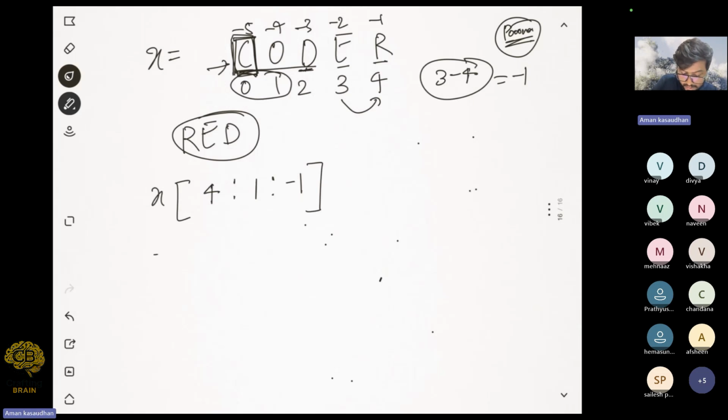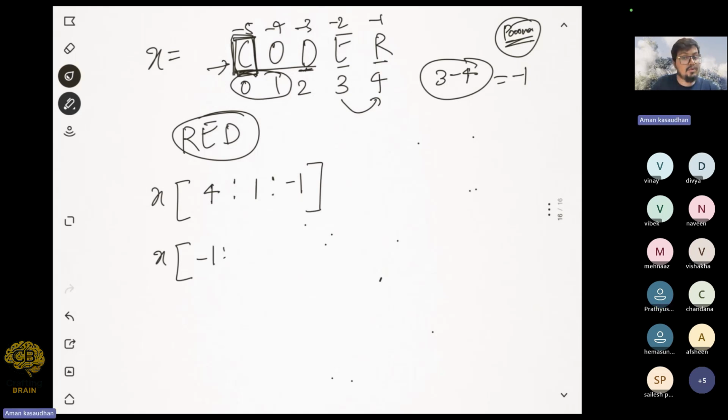Now, Pratyusha, tell me the same thing using negative indexing. What will we get if I use negative indexing? Minus from where will we start? Minus 1, sir.